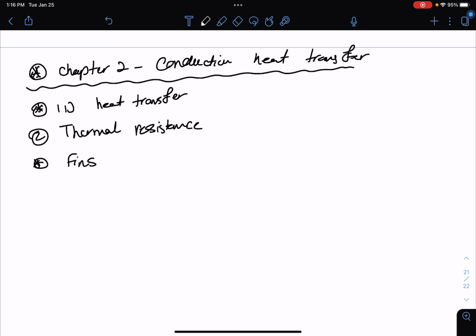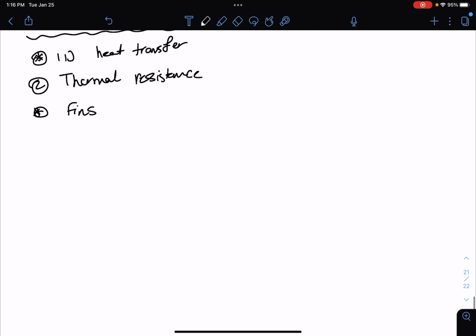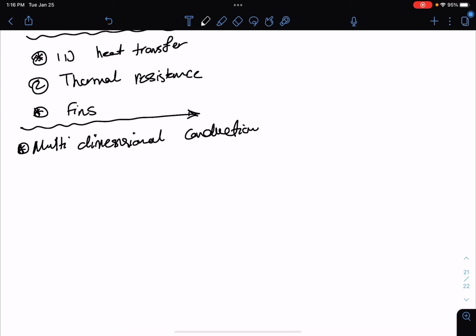But again, the assumption is you have learned all of these in your undergraduate heat transfer, and this is just a review, right? If you don't remember any of them, or if you had a question during the lecture, make sure to ask. And then we will move on to multi-dimensional conduction, which we don't cover as a part of undergraduate heat transfer in this university.